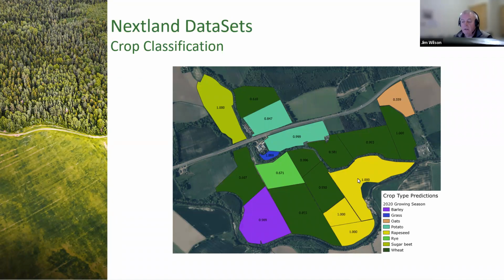For example, here, these 3 crops, where the number coming back from NextLand is a confidence of 1, which is completely confident that that's actually rapeseed, canola, as you might know it. So it's really useful to be able to know what crop types have been in that field previously, and how confident we are that they are correct. So that's the first data set that we use.